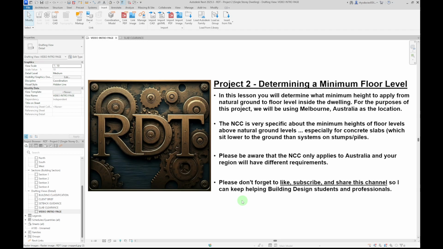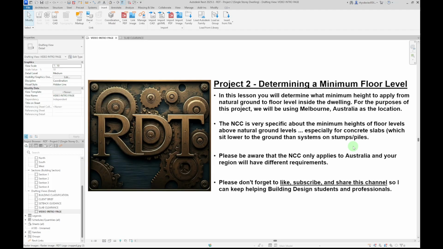So the NCC, remember that's the National Construction Code for Australia only, is very specific about minimum heights of floor levels above natural ground levels, especially for concrete slabs, because concrete slabs sit lower to the ground than flooring systems on stumps or piles.